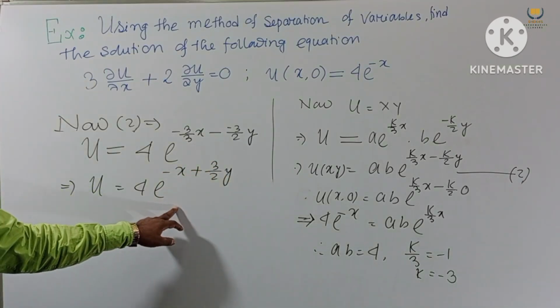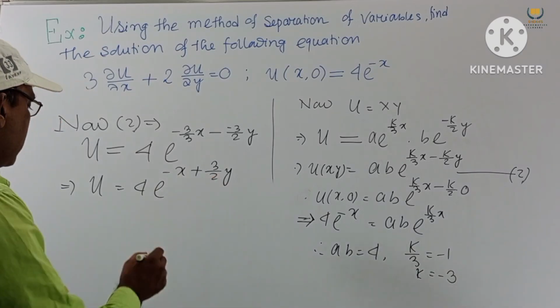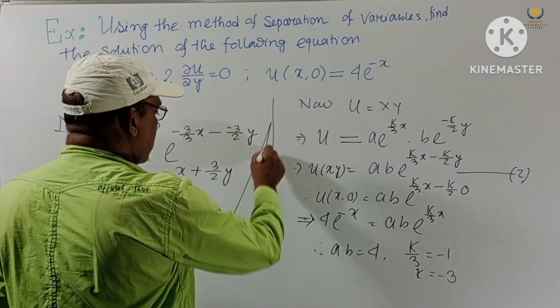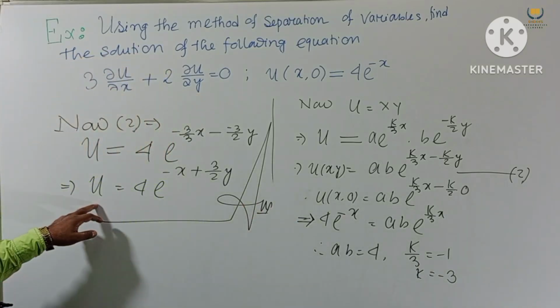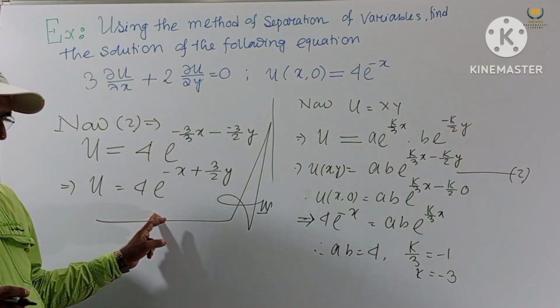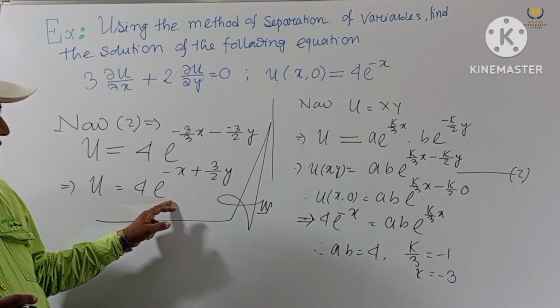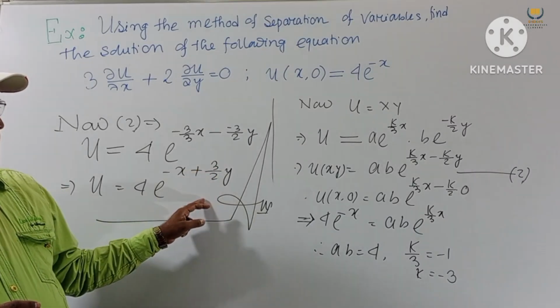This is our final answer. The answer is very nice. u equal to 4 e to the power minus x plus 3 by 2 y.